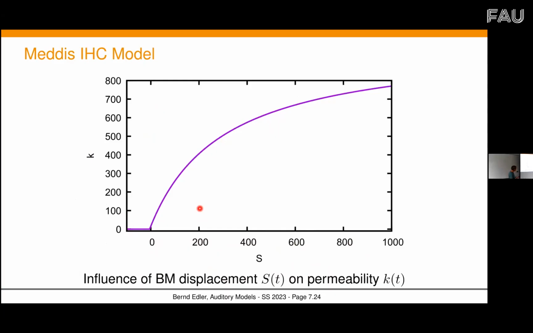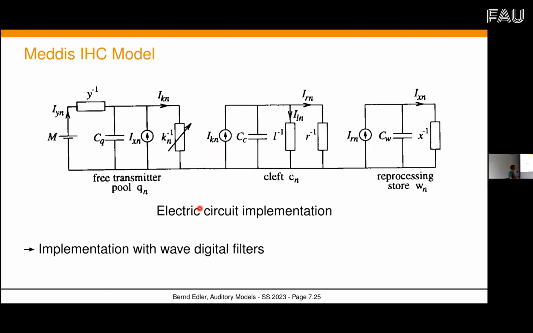And then the next stage is the processing, again as an electrical circuit, where this store is always a kind of capacitor which can be filled by a current source. And so we have the capacitor for the free transmitter pool, Q, and this would be the factory.